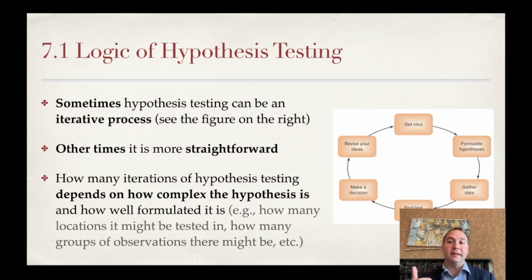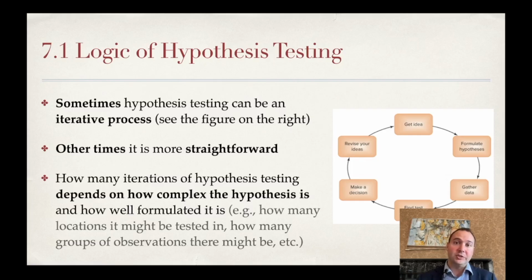Usually, we get an idea, we formulate a hypothesis about that, we get some data to check, we find a test statistic using the data that we gathered, then we compare our test statistic to that. The test statistic is comparing our sample to what we assumed about the population.